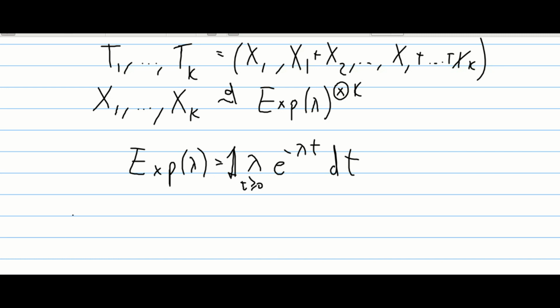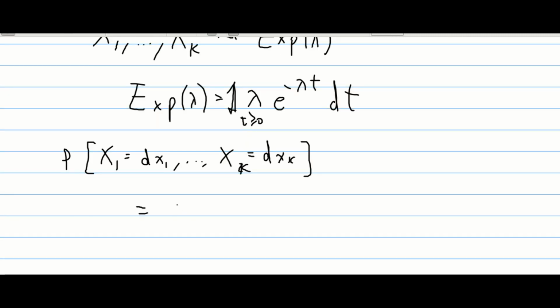So this distribution that we wrote here, the probability that x1 equals dx1, is a kind of ugly notation for the density of the vector x1 to xk.